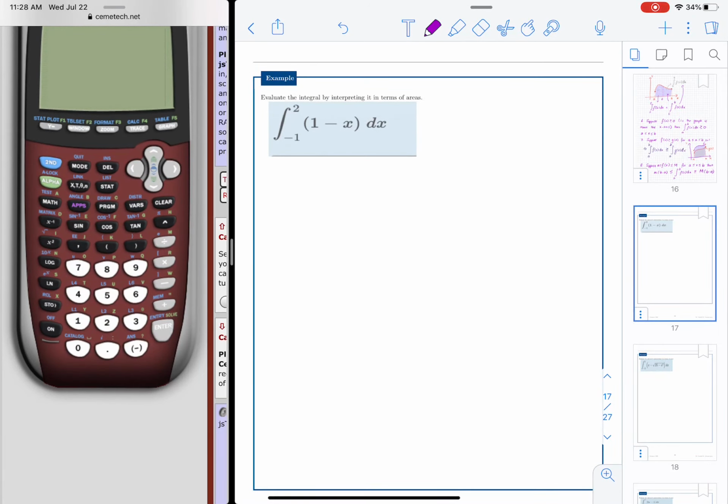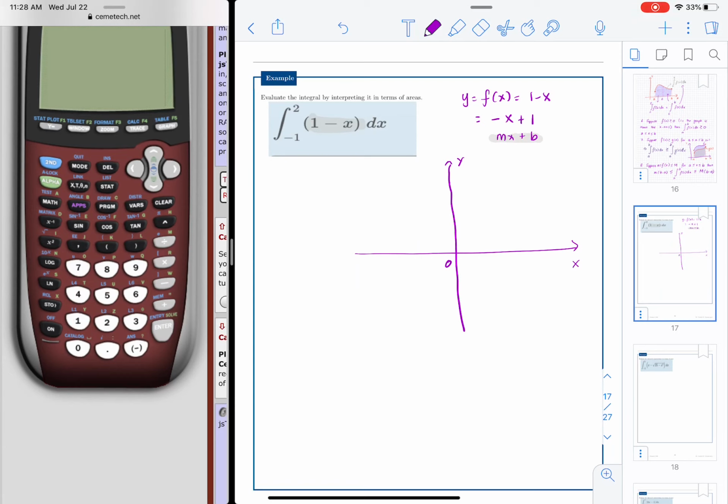So here we have to evaluate this integral by interpreting it in terms of areas. So we need to have a graph for sure. If we rewrite this function, y equals f of x, which is 1 minus x, which is the same as saying minus x plus 1. And that is in the form mx plus b, which we all know is a line.